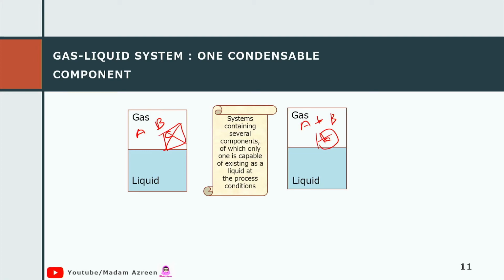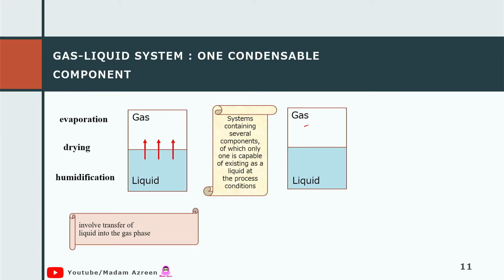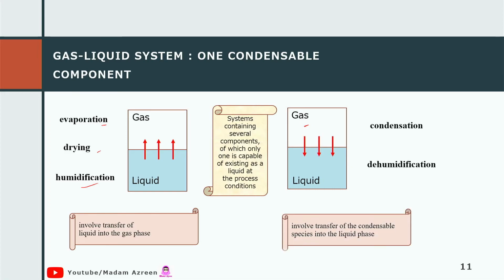So we have to make sure this C condenses into a liquid phase so we can separate it. So examples of processes that involve a transfer of a liquid to a gas phase are humidification, drying, and evaporation. I believe you know how these processes work. And a process that involves a transfer from a gas to a liquid is called condensation and dehumidification.